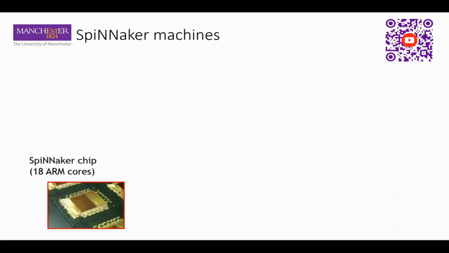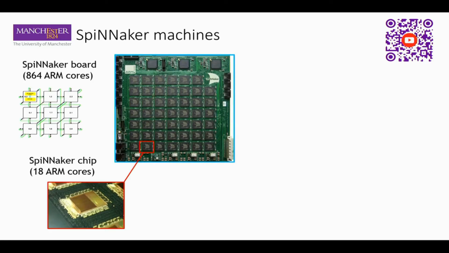So what do we have? We have these SpiNNaker chips. These are examples of 3D assemblies of chips. So you can see in the image that there's the chip that I showed earlier, plus a wire-bonded SDRAM, so large capacity but slower shared memory on top of the chip. We assemble these into boards of 48 of these beauties.